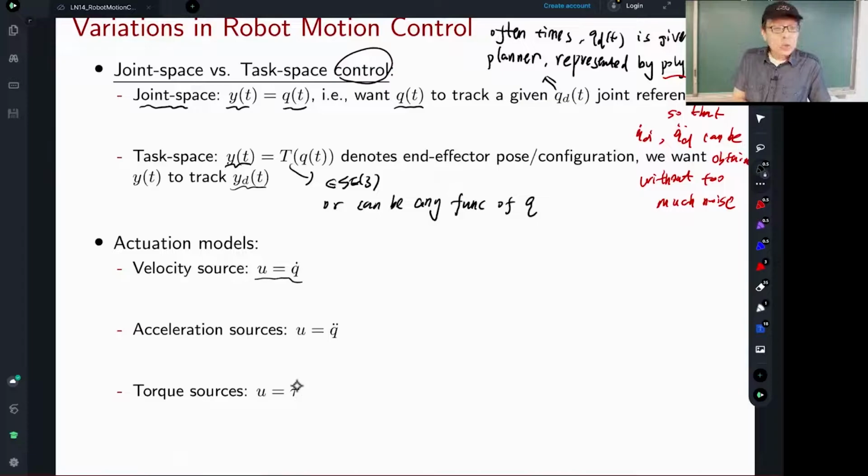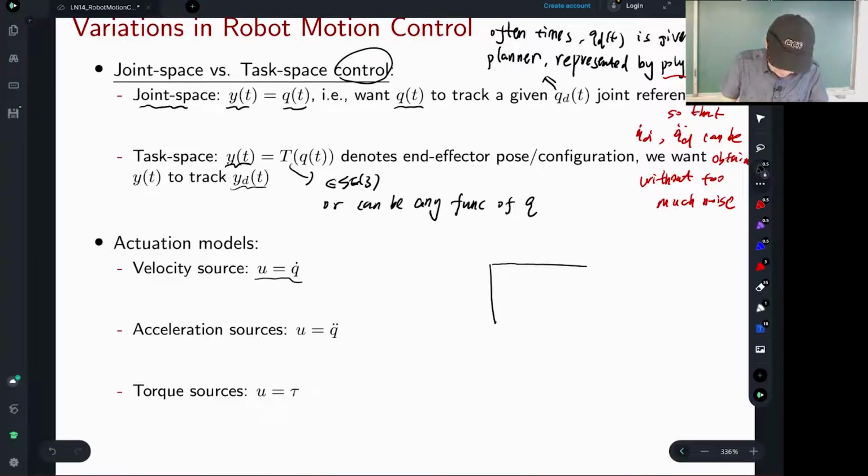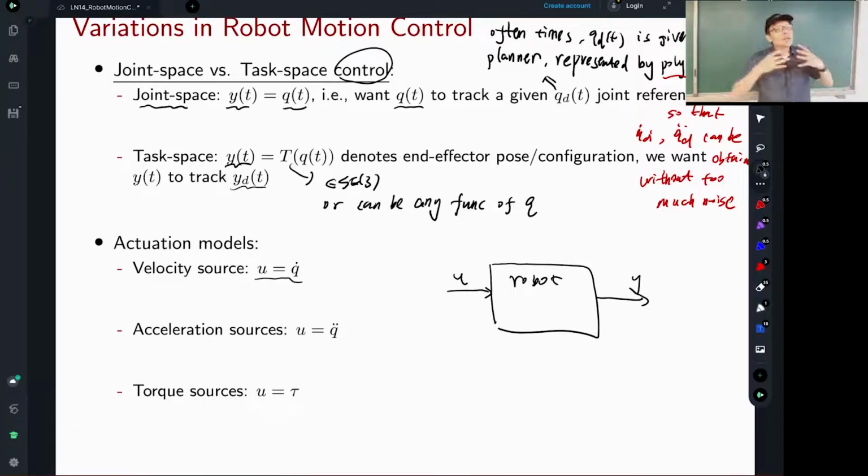Or you can directly control the torque. Those are the three typical assumptions you can use to interface with the robot. If you think about the robot, this is my U, this is my Y. It's really an abstraction.